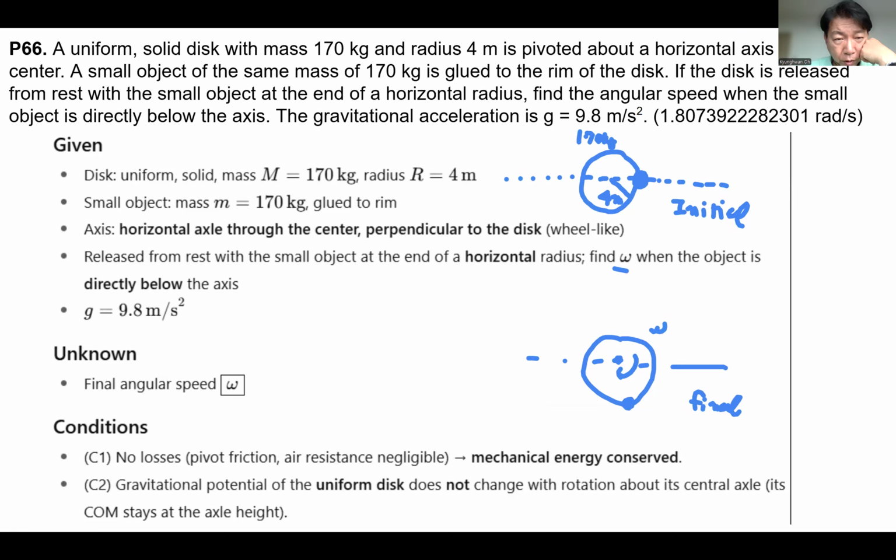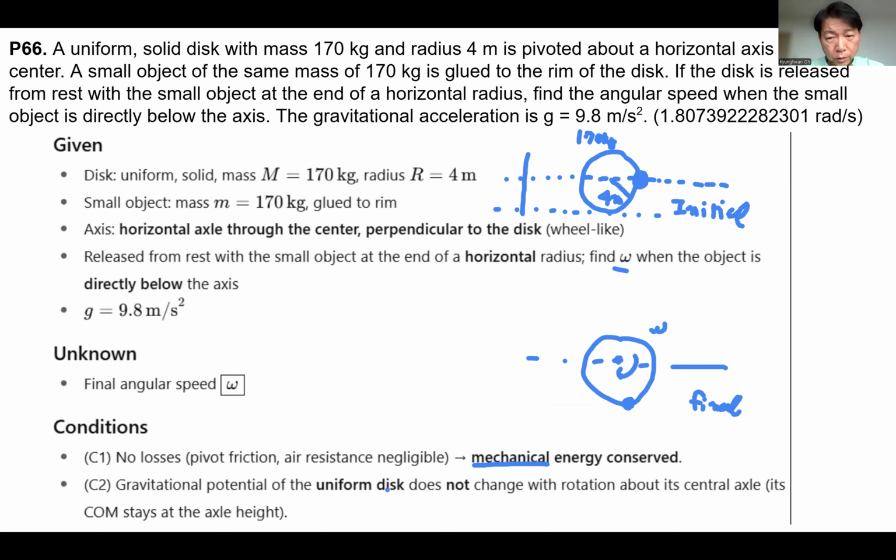Okay, so what we are going to assume is there are no losses, so mechanical energy is conserved, and the gravitational potential of the uniform disk does not change with the rotation about its central axis. Note that this disk is going to rotate, but its position relative to Earth's surface is not going to change. It is rotating around the axis.